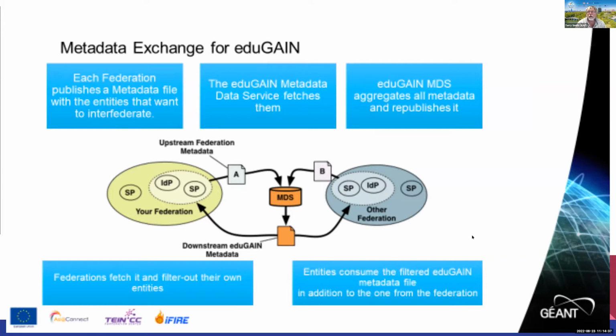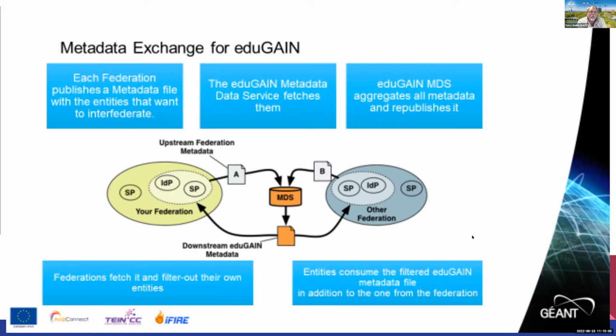I'm not sure what their current rate is, but it's something significantly less than 24 hours. And then it will aggregate all the metadata together and throw out things that are causing issues. So the whole federation's metadata might be thrown out because of a problem in one entity, so you need to make sure your metadata is good. And it aggregates all the good stuff together and republishes it.